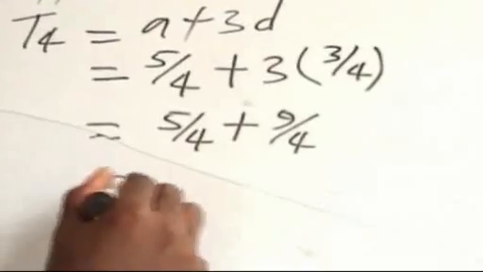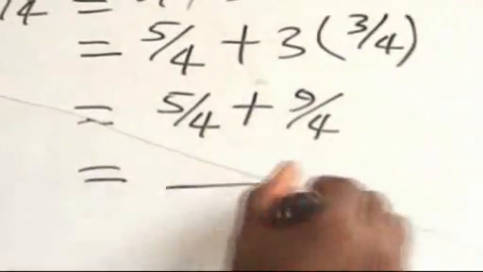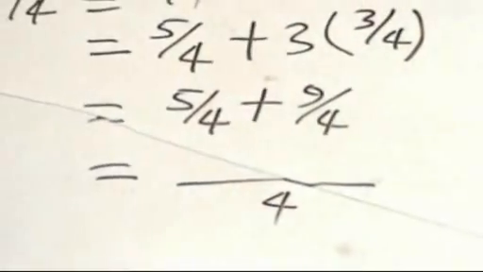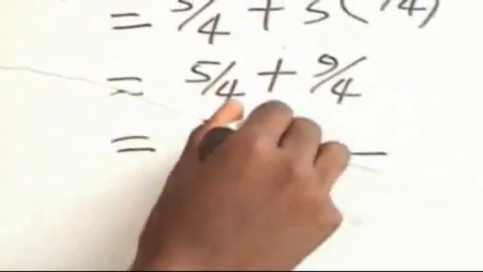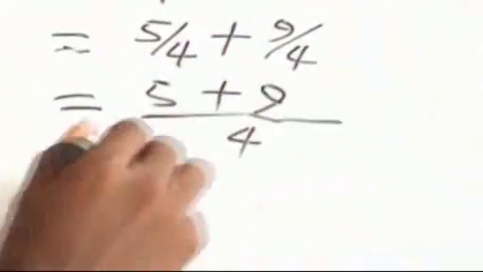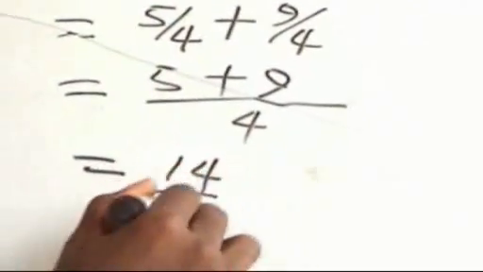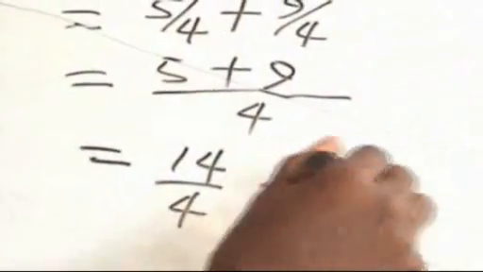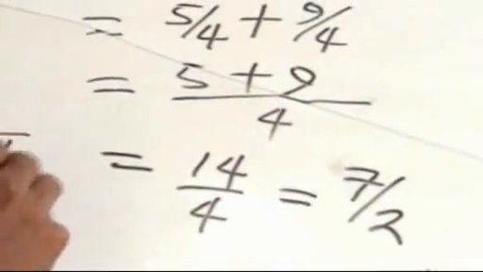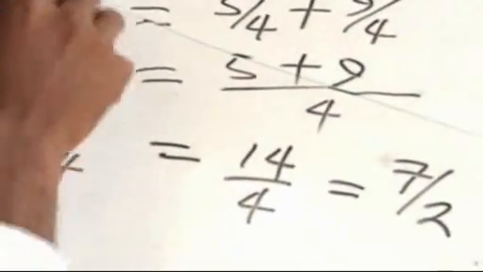The LCM here is 4. 4 divided by 4 is 1 times 5 will have 5, plus 4 divided by 4 is 1 times 9 will have 9. This will give us 5 plus 9 is 14 divided by 4, which will be equal to 7 divided by 2. That is T4, which is the fourth pole.